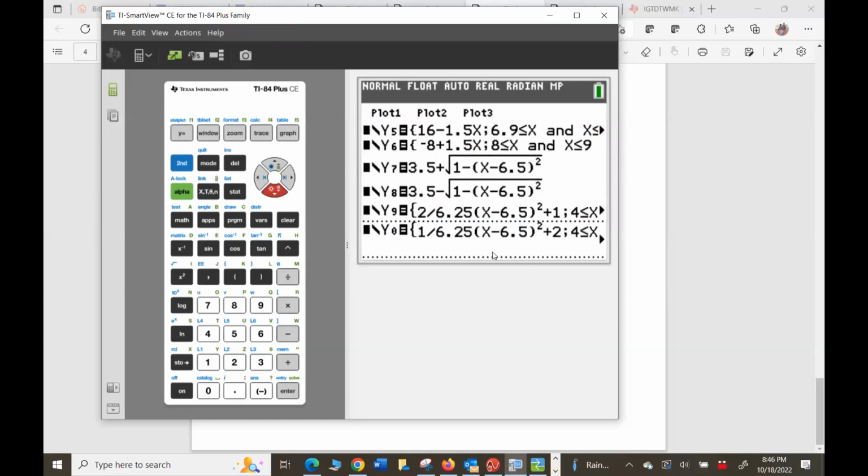I saw somebody had an excellent idea. If you want more than 10 functions, what you can do is program this. That's how I used to have my kids in the 80s and 90s draw pictures with the 83 and 84. They created a program, and then you kept just saying draw F, draw F, draw F, and you could have as many functions as you could fit in your program.